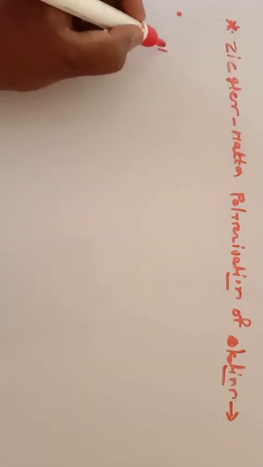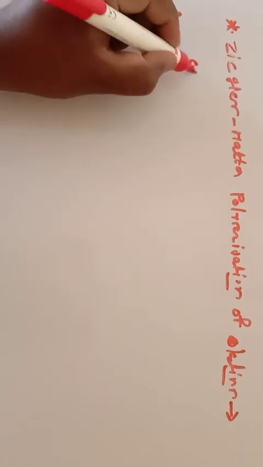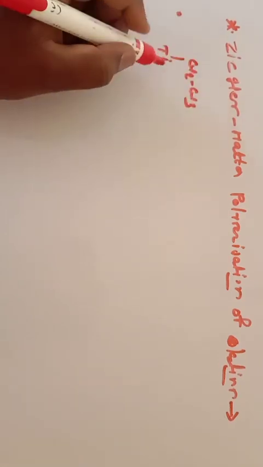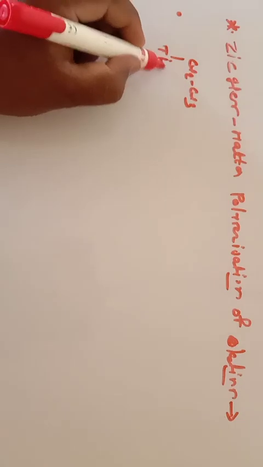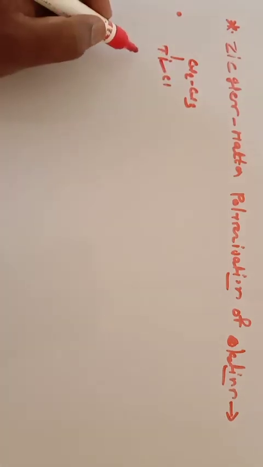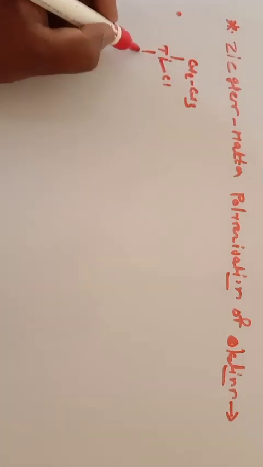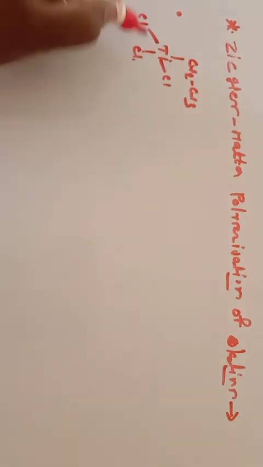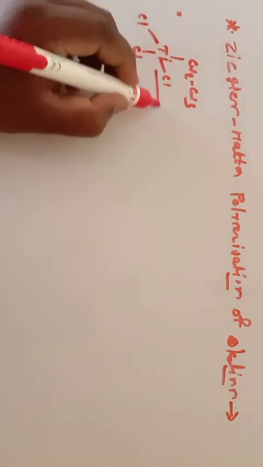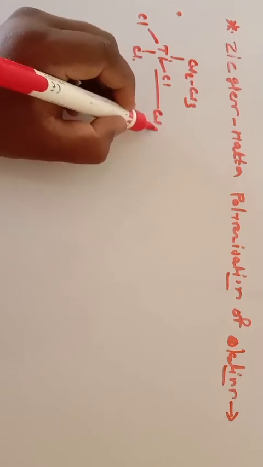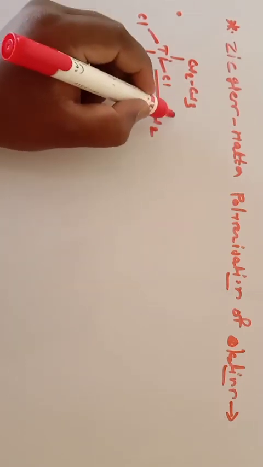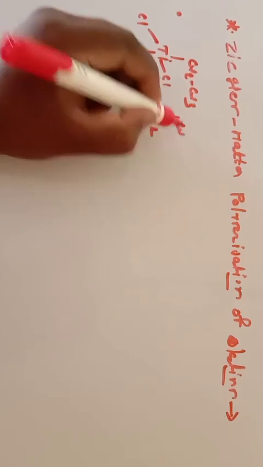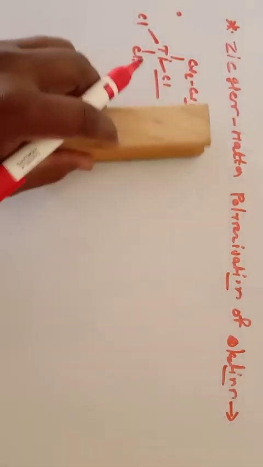So this is the process: Ti, CH2CH3, then chlorine, and this is also chlorine, and this is CH2 double bond CH2.